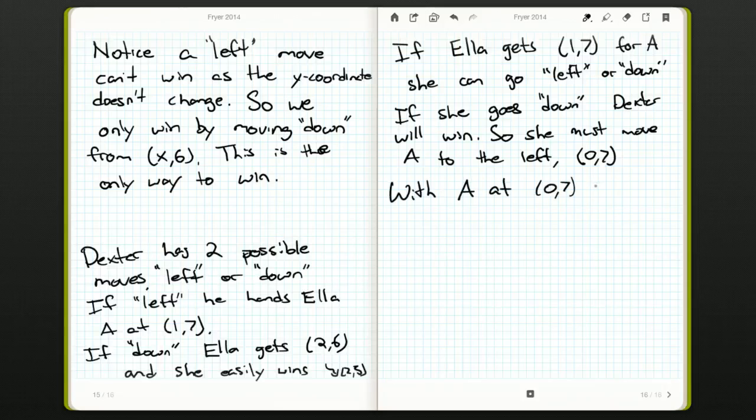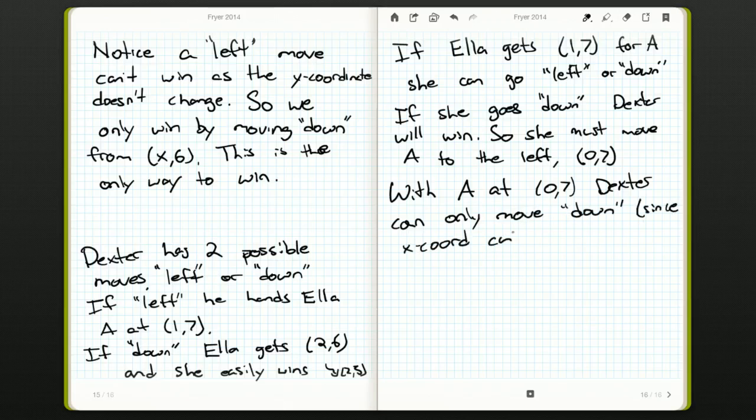So with A at 0-7, Dexter can only move down, since the x-coordinate can't be negative.